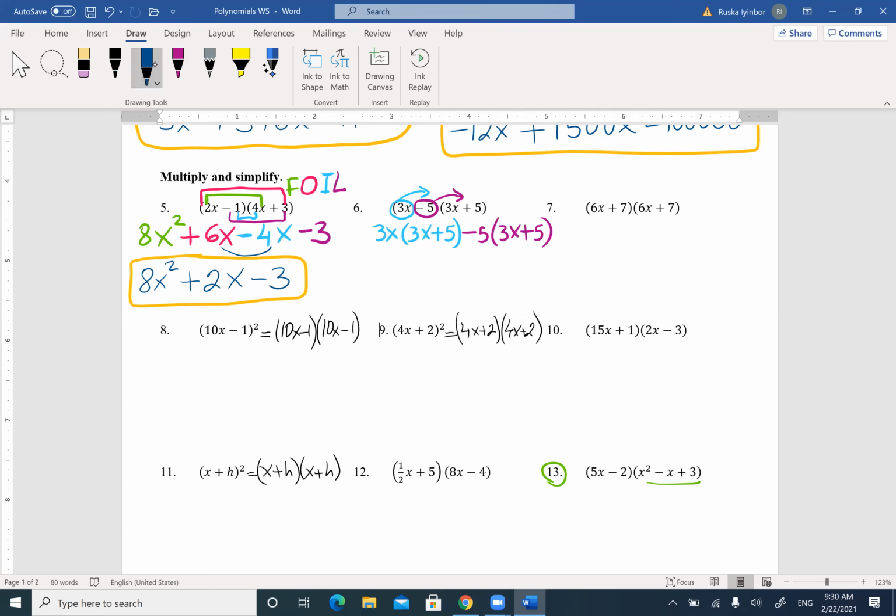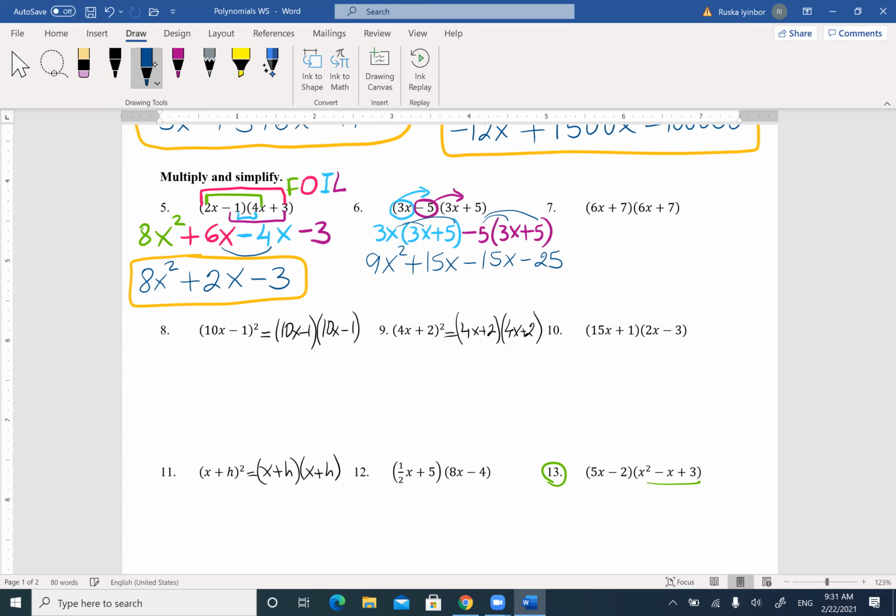So you're going to multiply 3x times 3x, 3x times 5. So it's going to be 9x squared plus 15x, and then multiply the other parentheses, -5 and both of those. So it's going to be minus 15x minus 25.